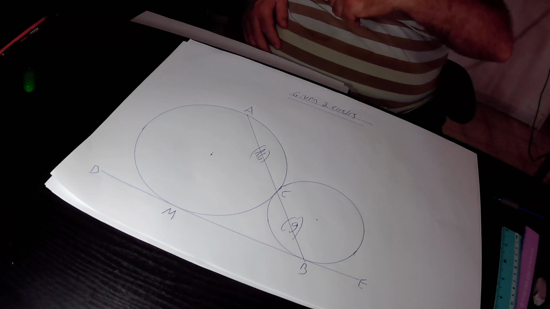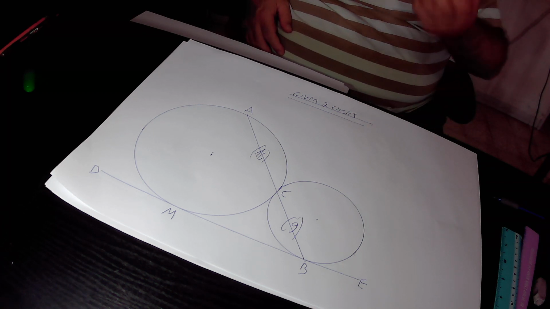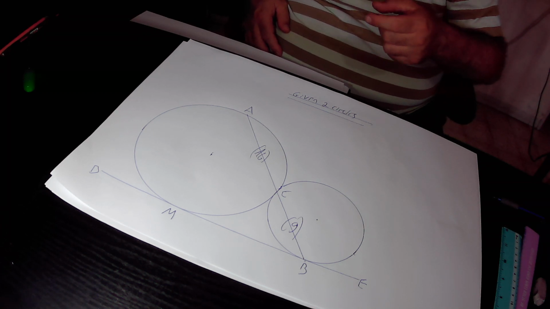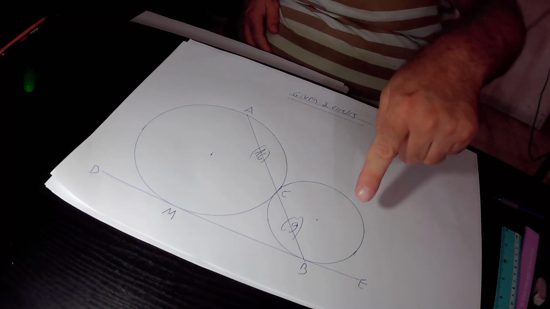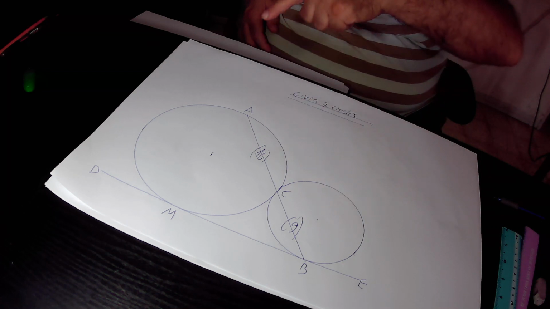So all the requirements of rule 10 are satisfied, and therefore according to rule 10, the following equation is true, that BM square equals BC times BA. Again, BM square equals BC times BA.